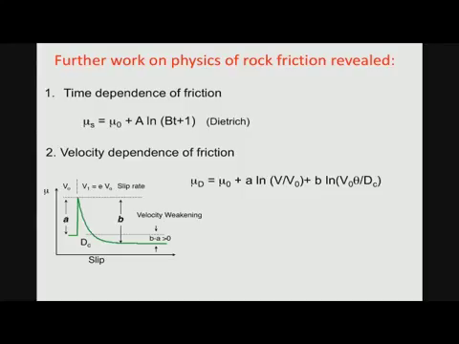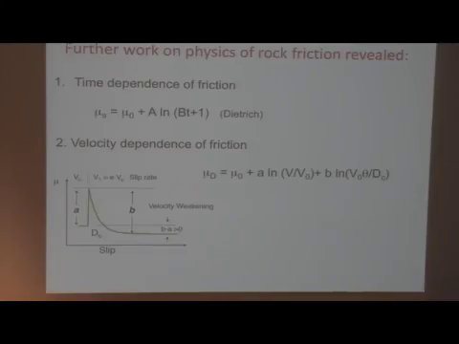Okay, so the next important addition to the experiments was to actually do them at different sliding velocities. And what was noted was there was a velocity dependence on friction. So here is friction as a function of slip.